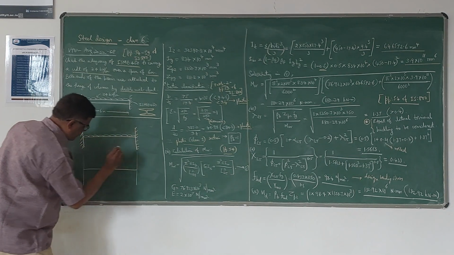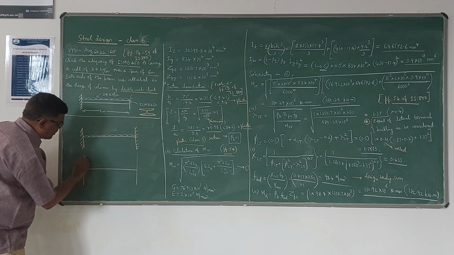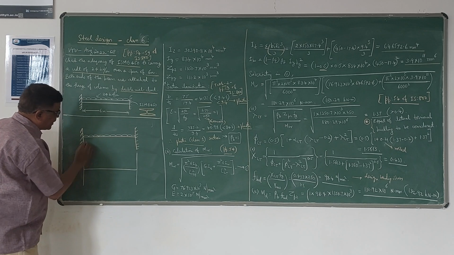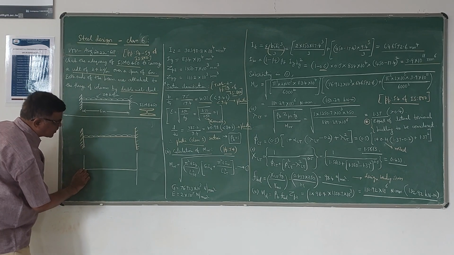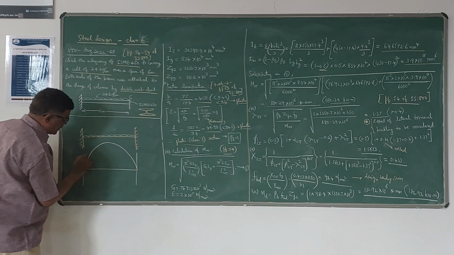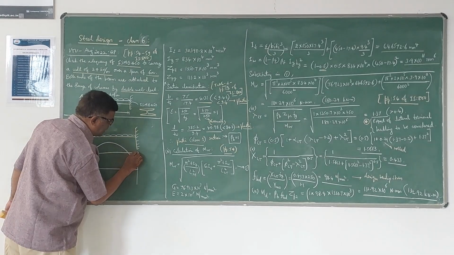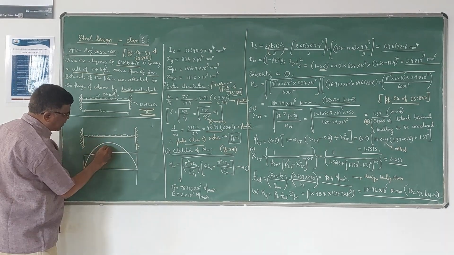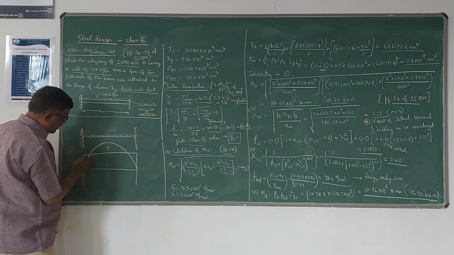Here you have the negative bending moment, hogging, and here you will be having sagging. You have to superimpose like this, because it is UDL, it is positive. And it is a parabola, so this is positive bending moment, this is negative bending moment.